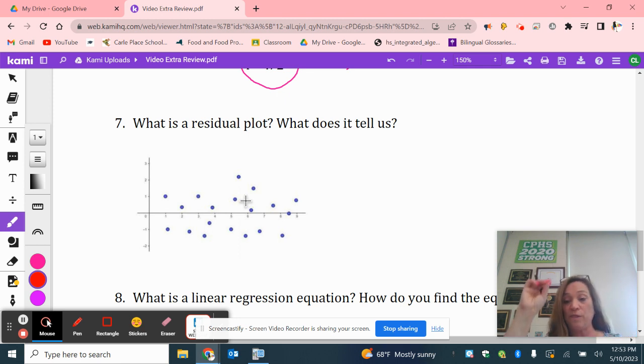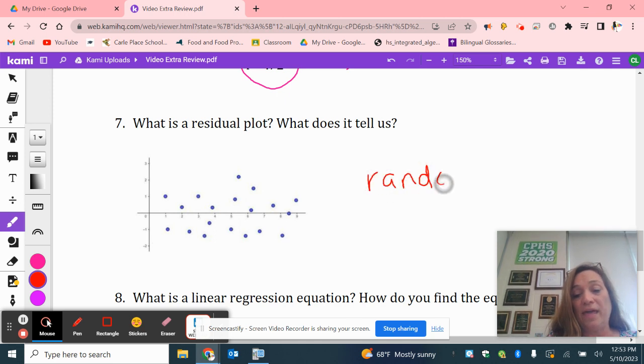So then you take all those numbers and you plot them. And what we're looking for is there to not be a pattern. So like this is good. You want a residual plot to be random. So if the residual plot is random, which this one is, then you know that linear regression is a good fit.